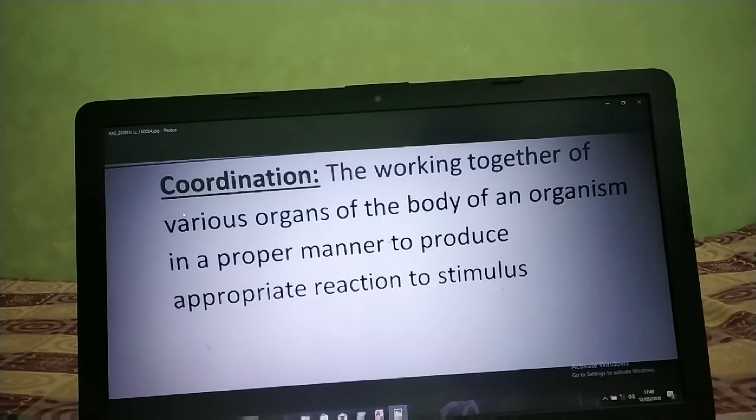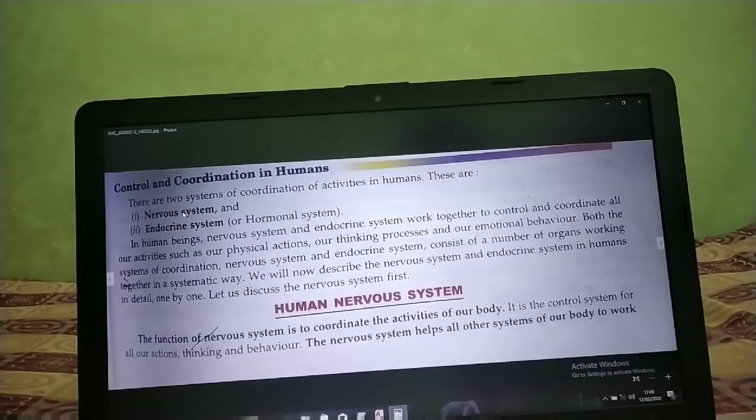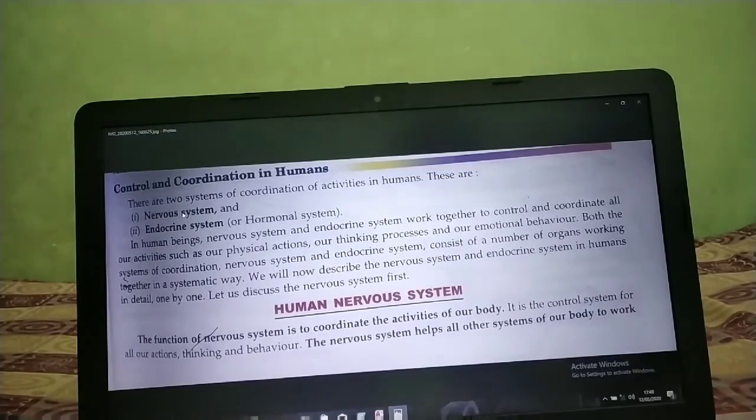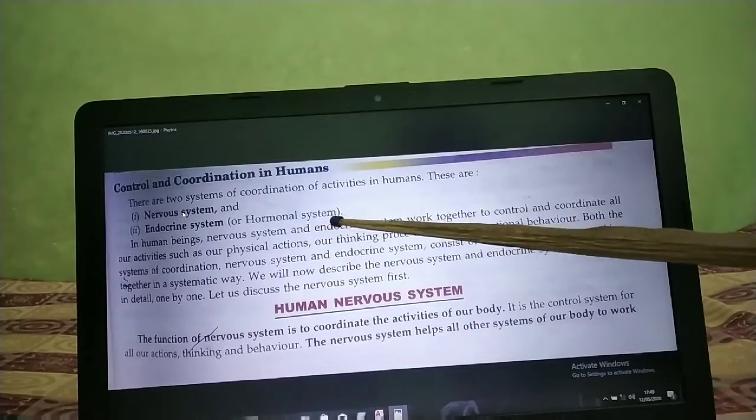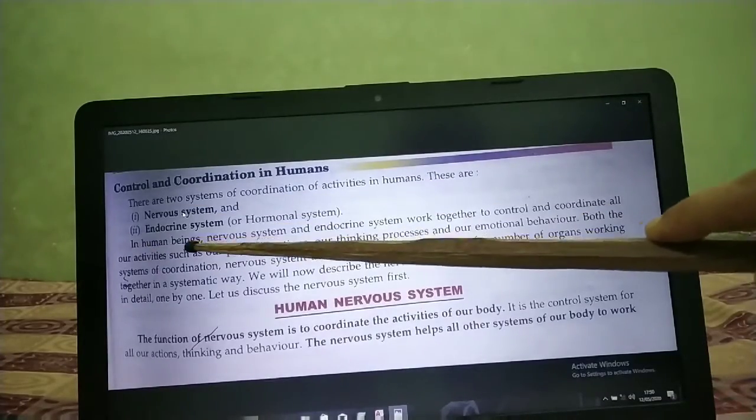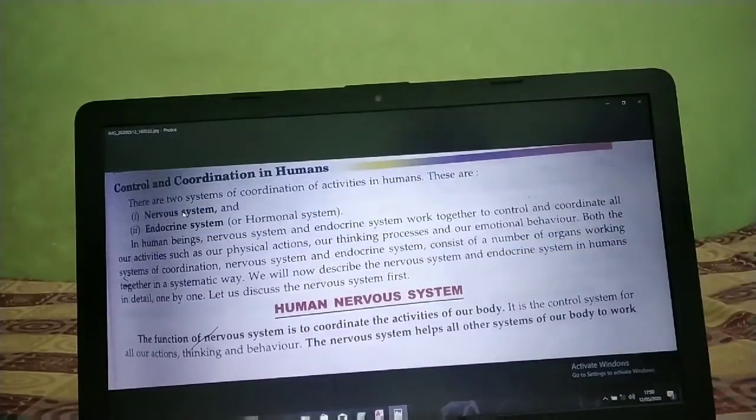Okay children, now I will explain the control and coordination in humans. There are two systems of coordination of activities in humans: the nervous system and the endocrine system, or hormonal system. In human beings, the nervous system and endocrine system work together to control and coordinate all our activities, such as our physical actions, our thinking processes and our emotional behavior.